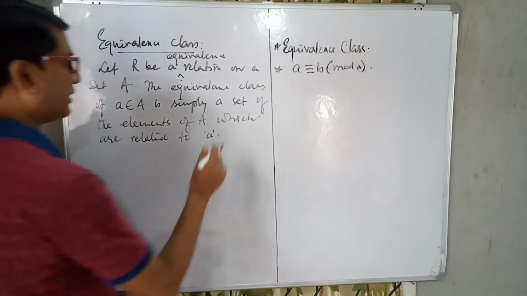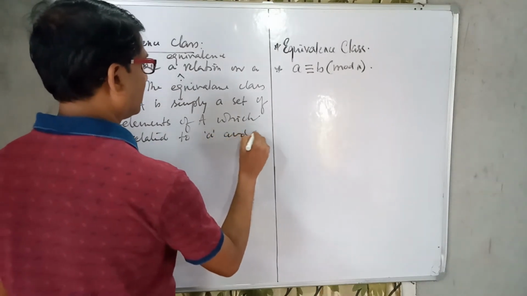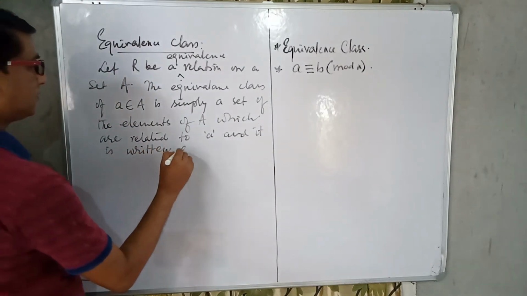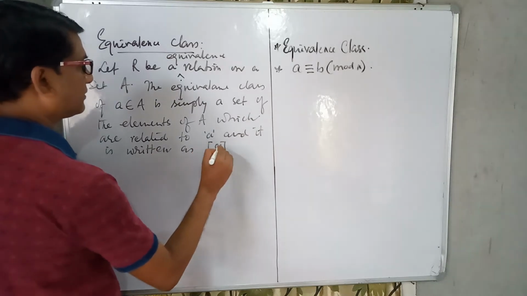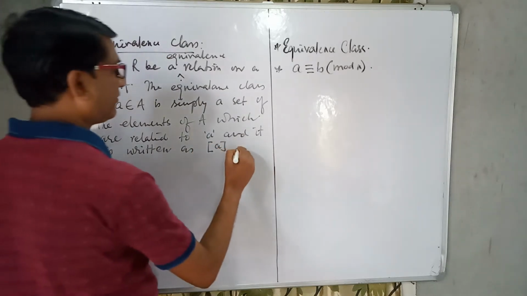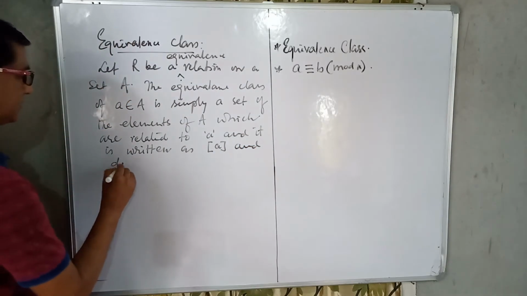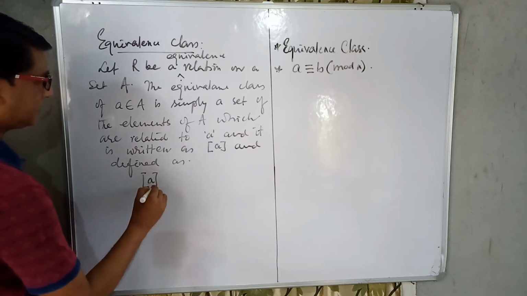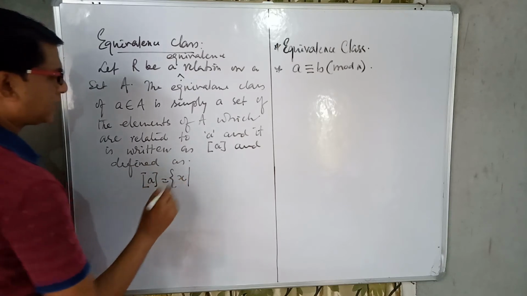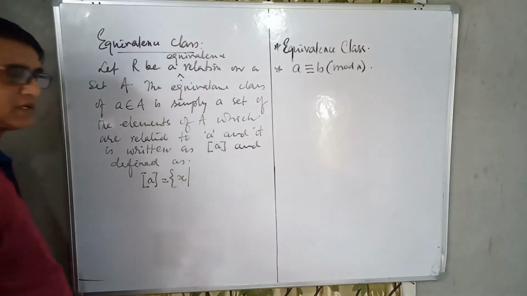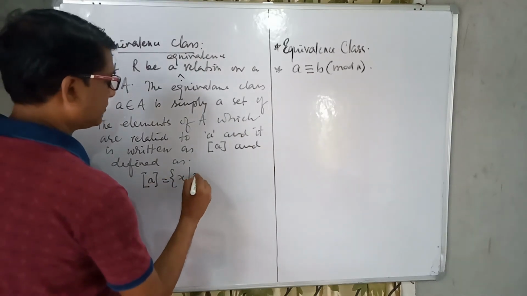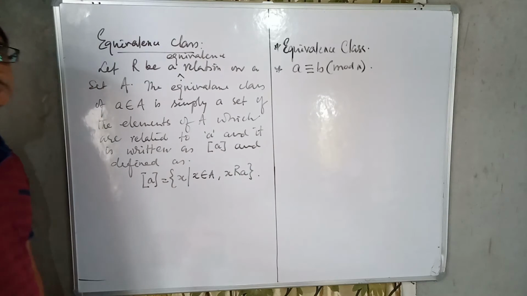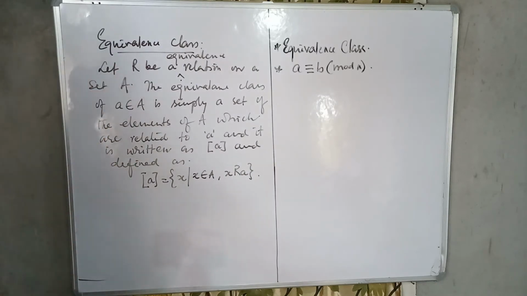It is written within square brackets, and defined as: the equivalence class of a is the set of elements x, written in set builder form, such that x belongs to A and x is related to a. This is the definition of the equivalence class.